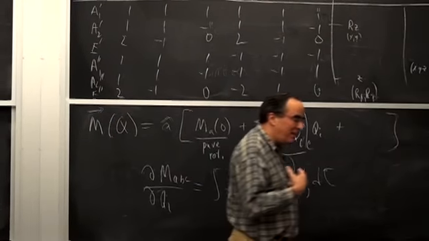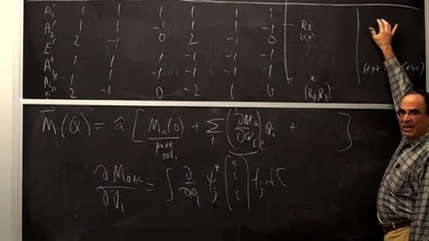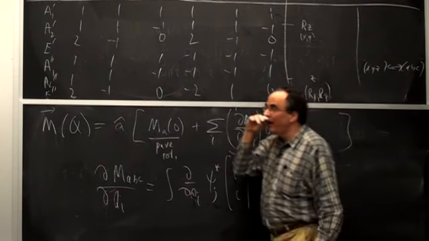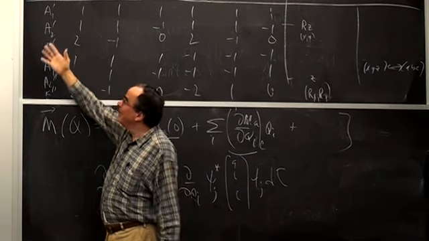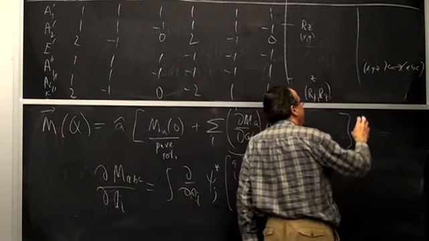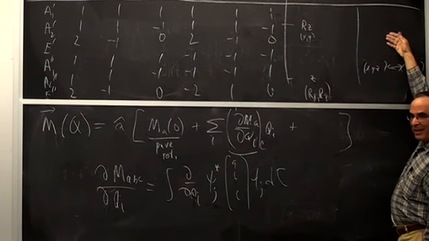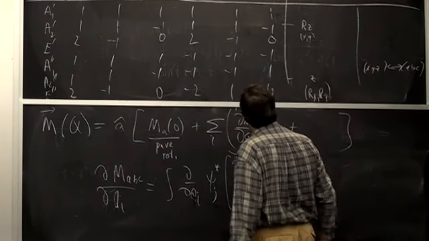But often, if there's a mode that's forbidden in the infrared, chances are it will be allowed in Raman. But even so, if you have too many irreducible representations, there's no guarantee that all modes will be allowed, taking infrared and Raman together. So let's just be careful about that.